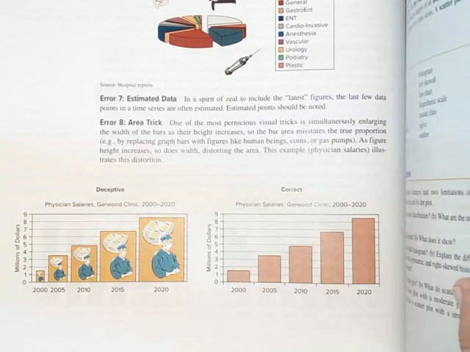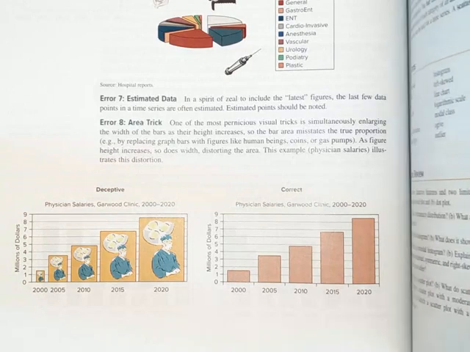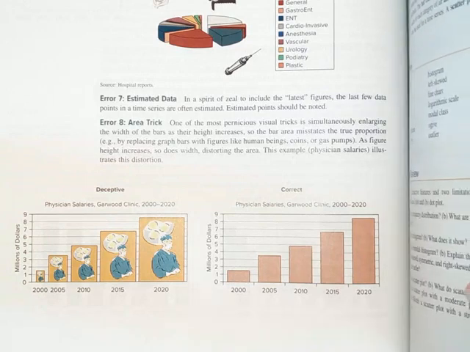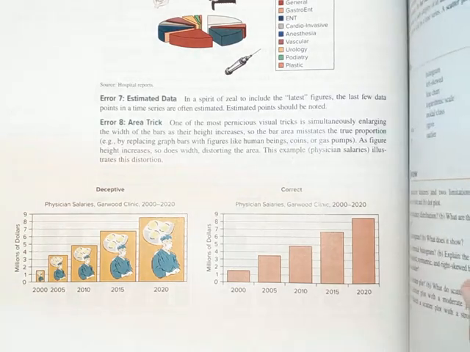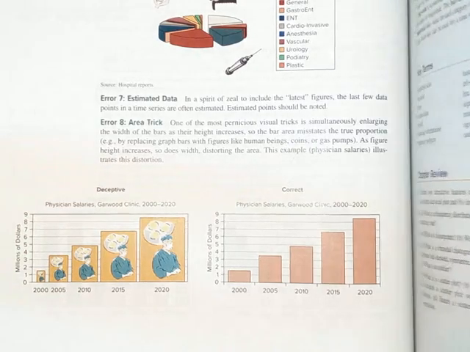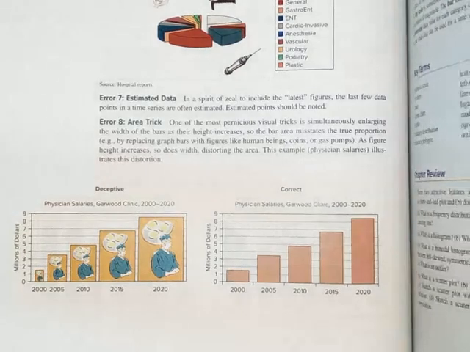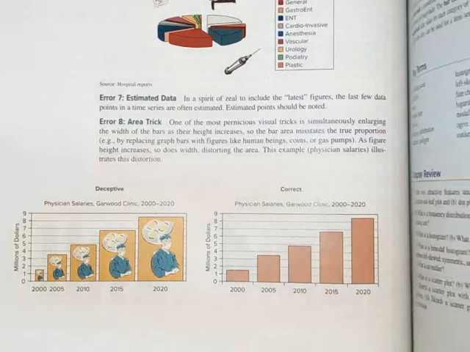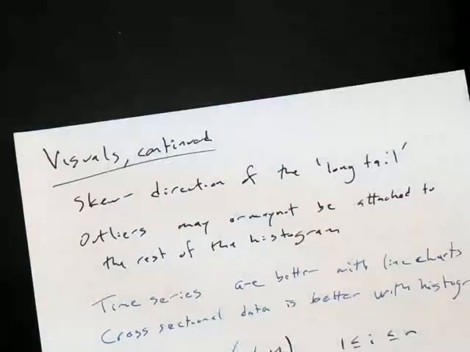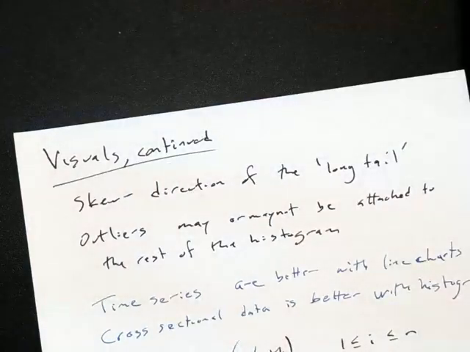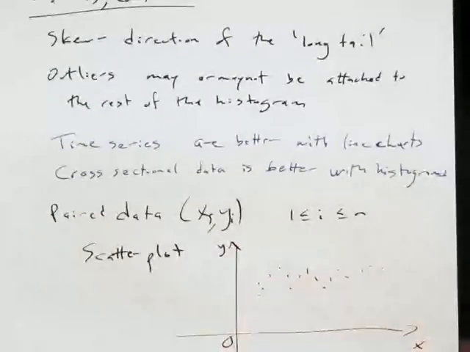The right picture is all the same width. You're estimating your data. You write it down. And all of these, you need to be smart. The picture is not enough.